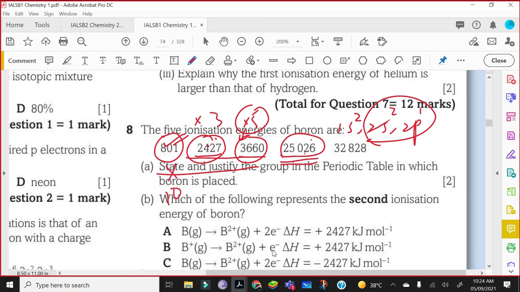Maximum it can go like that. Okay? But this jump is, if I multiply 10 here, 801 times 10, I'll get 8000. But this is much more than this. Maximum you can go to any limitation. So a very big jump is there.